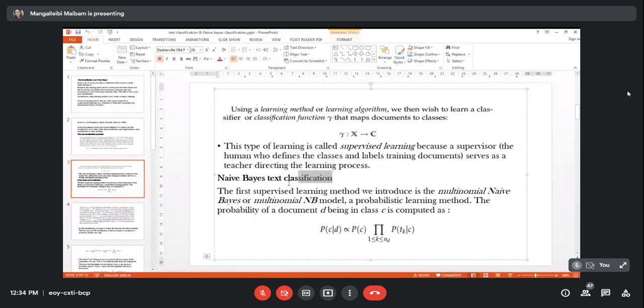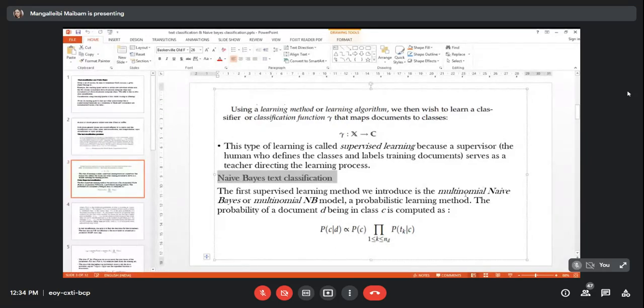So we have naive Bayes text classification, one type of classification given here. According to this classification, here also we will be finding the probability. This whole chapter which I have been teaching since last week is based on probability distribution.